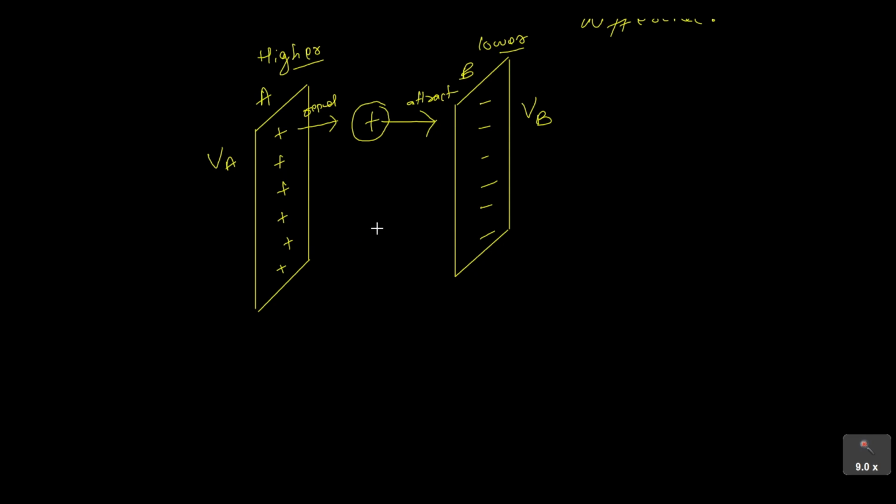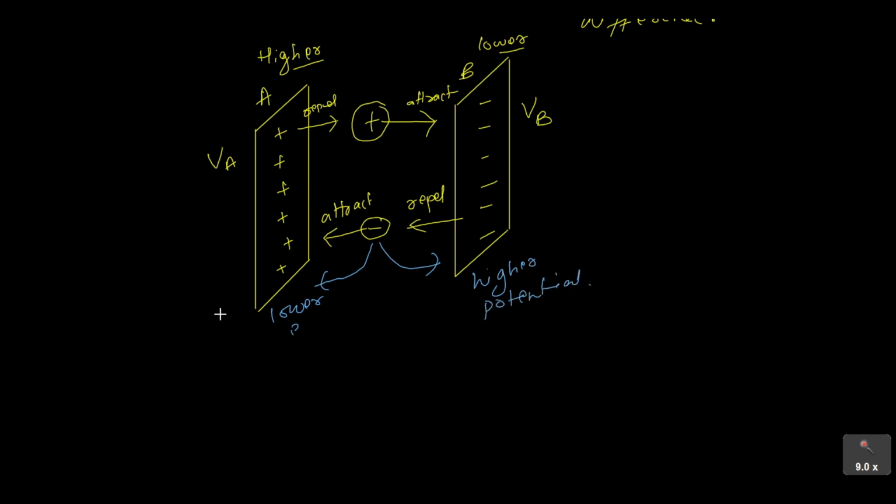And if I bring a negative charge between the plates, it is going to go towards the positive plate, because the negative plate will repel it, and the positive plate is going to attract it. So for this electron, or negative charge, the positive plate will act like a lower potential, and the negative plate will act like a higher potential, and charges flow from higher potential to lower potential.